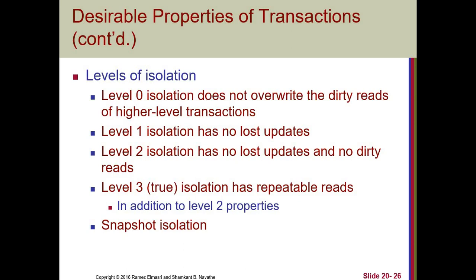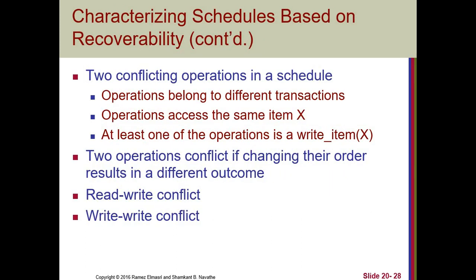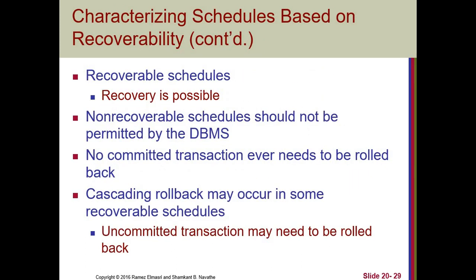Isolation is broken down into different levels. Ideally, we don't want multiple users reading and writing in the same database at the same time, so we set capabilities. There are various schedules you may adopt to ensure isolation occurs.